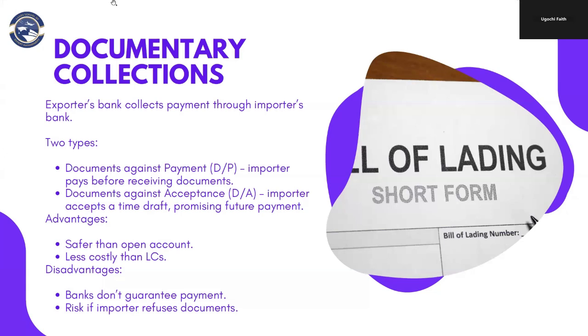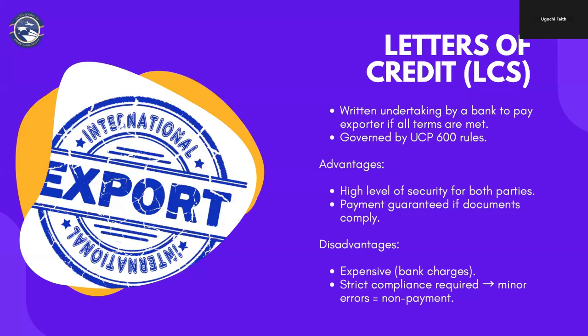So these are the reasons why we are looking at payment methods today. After documentary collection, we've spoken about open accounts. We've spoken about, okay, the first one we spoke about is advance payments, then open account, then documentary collections. Under documentary collections, we spoke about cash against documents, which is also the same as document against payment, and also talked about document against acceptance.